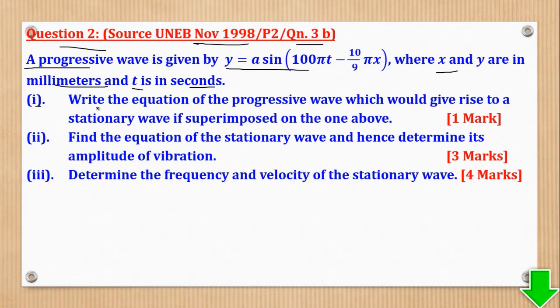Roman 1, write the equation of the progressive wave which would give rise to a stationary wave if superimposed on the one above. Then Roman 2, find the equation of the stationary wave and hence determine the amplitude of vibration. Then Roman 3, determine the frequency and velocity of the stationary wave.